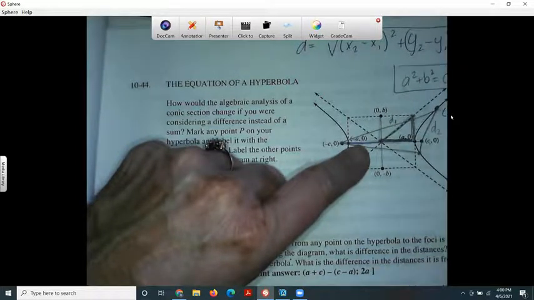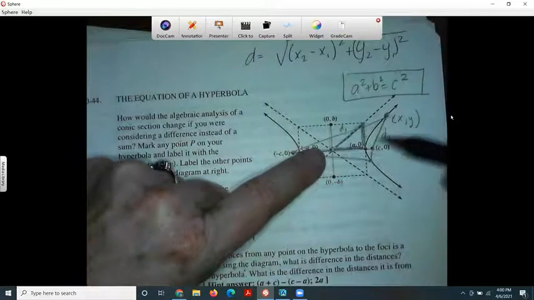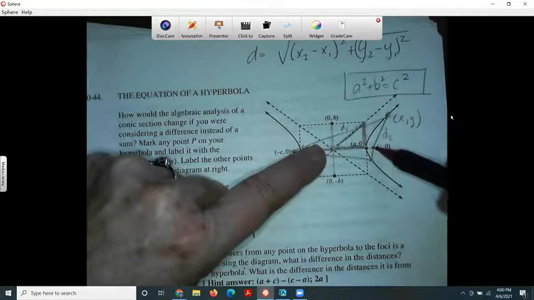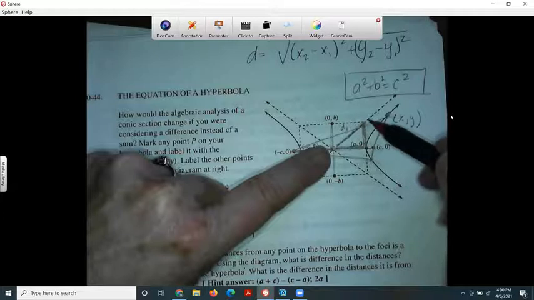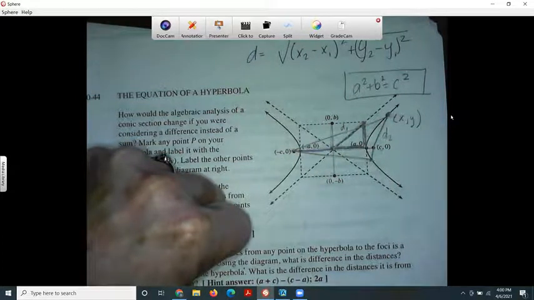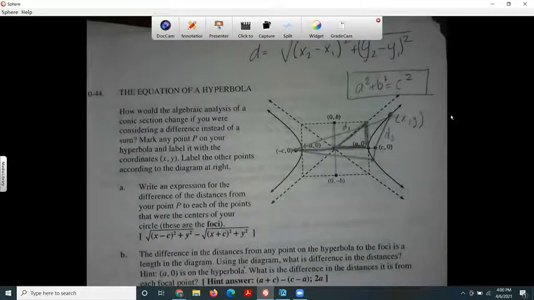But anyways, A squared plus B squared is C squared. And so if A squared plus B squared equals C squared, then C squared minus A squared equals B squared. So I can just plug a B squared in and I'm done.